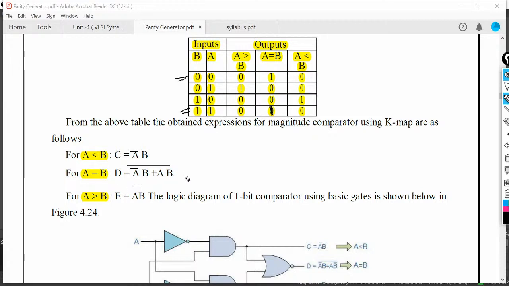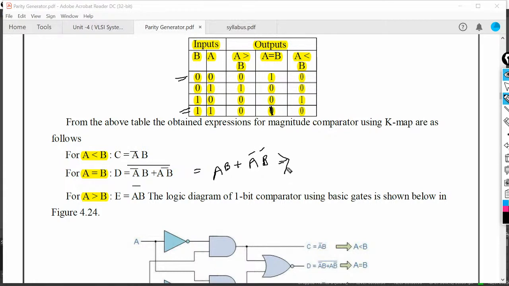When we simplify A bar B bar plus AB, I will write it down here: AB plus A bar B bar.